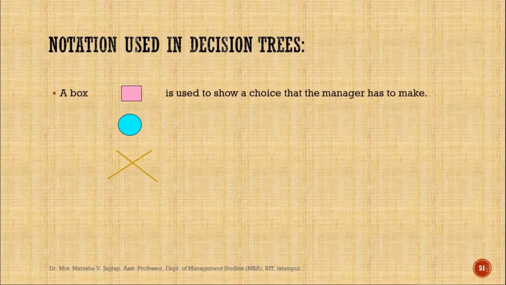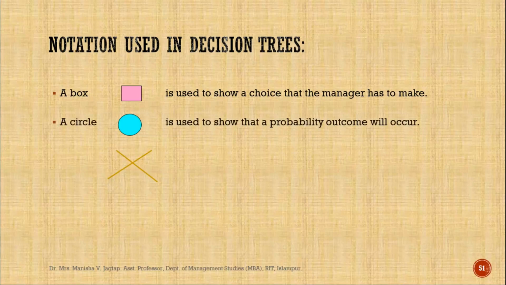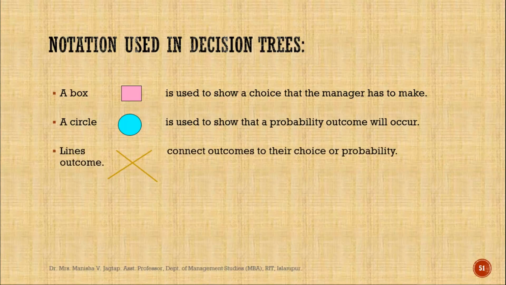You can see here a box which is used to show a choice that the manager has to make. You can see here a circle which is used to show that a probability outcome will occur. And next is line outcome, which connect outcomes to their choice or probability. So these are the notations used while showing any decision in the form of decision tree.